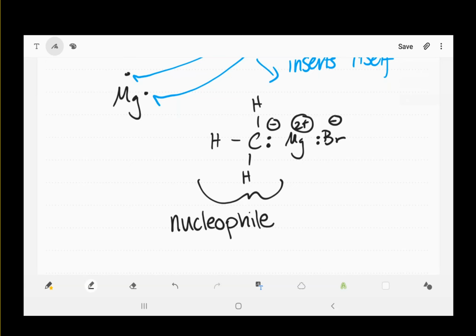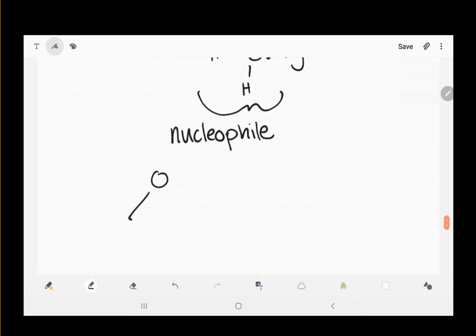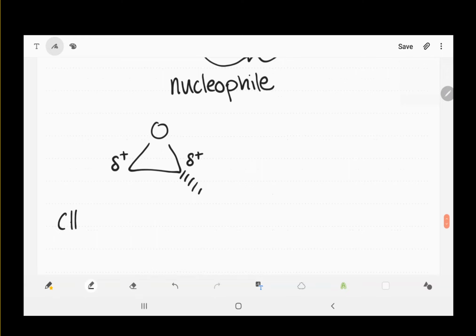So, as a result, we can use this to say, aha, this carbon is going to go and find something that's slightly positive and latch itself on there. So, if we have, for example, an epoxide, and I'm just going to put some other bit there, this essentially CH3 with its lone pair, stabilized by these two, is going to say, aha, there's something positive.